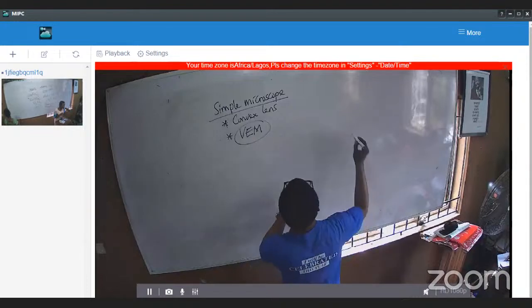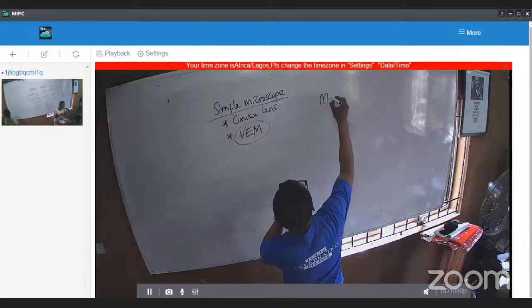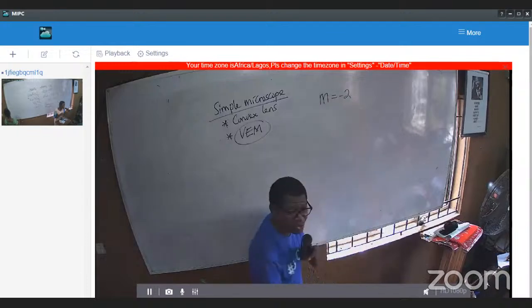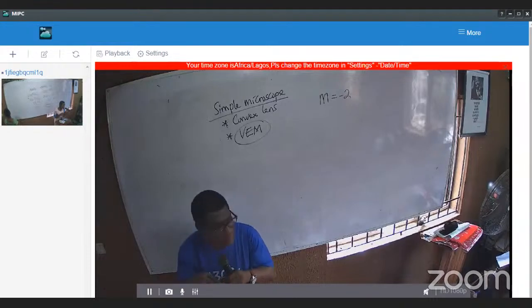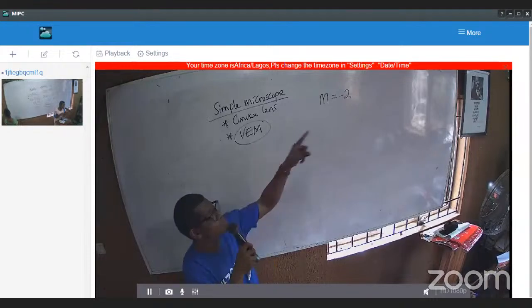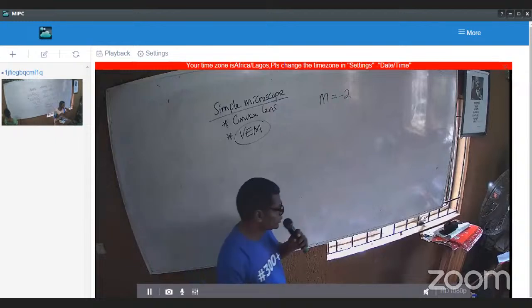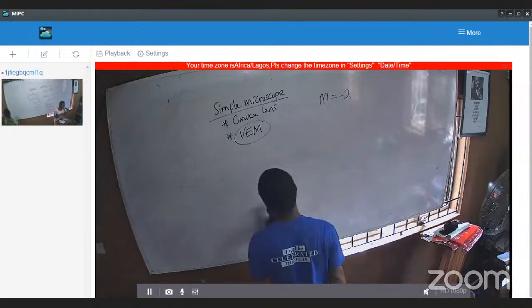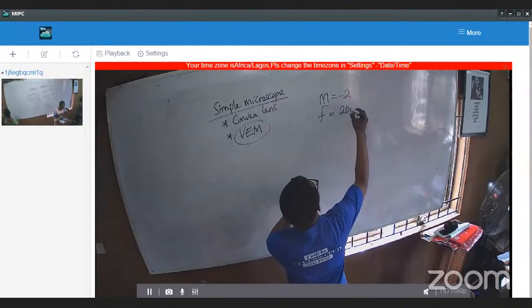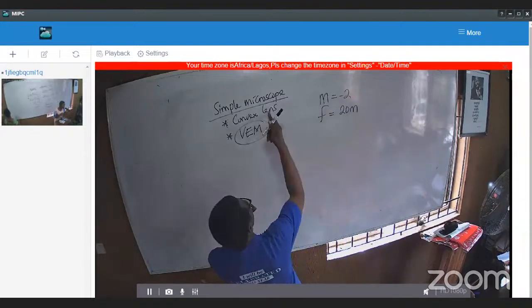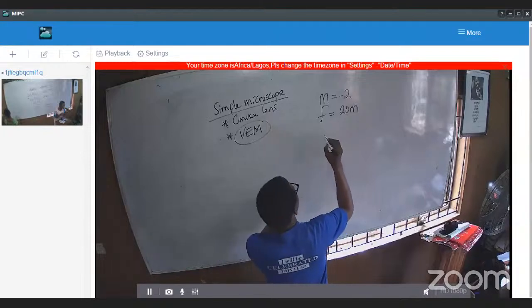Forms an image twice the size. That means m is -2. All those things you are learning are very important in the calculation. In a simple microscope, the image is virtual, erect, and magnified. And once you are virtual, your m is -2. Go on. F is 20, because the convex lens has a plus.